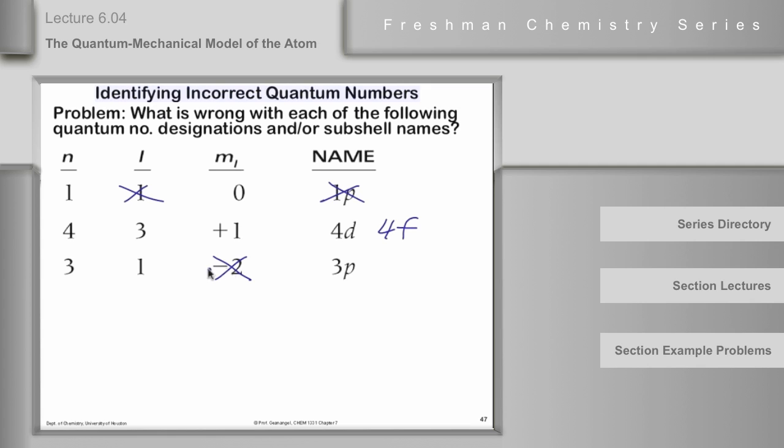If you gave M sub L an allowed value, the 3p would be okay. Other questions? What would be the values for M sub L? They go from negative L to positive L. Okay, minus 1, 0, plus 1.